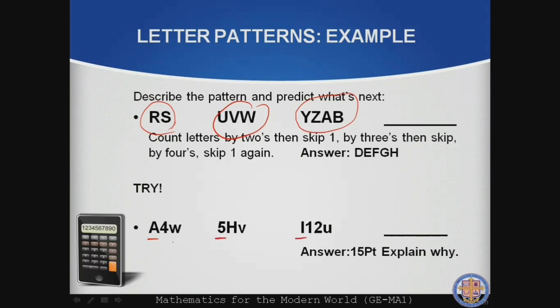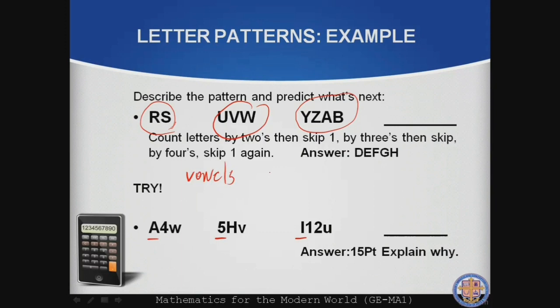Like this one, the one that I'm underlining, A5I. So here, letter followed by number, then letter again. So all the first in this set, the pattern is just, they are vowels.